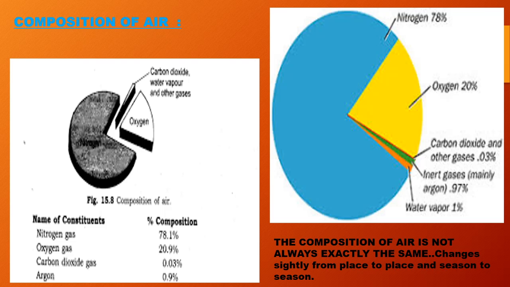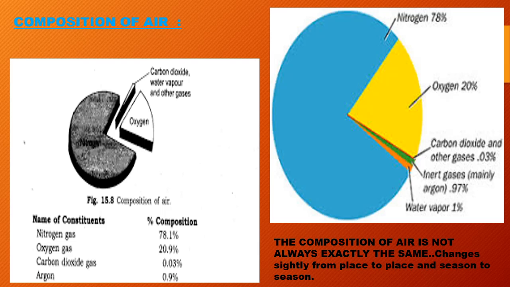Next, with the yellow color here, you can see oxygen, that is about 20%, or to be very precise 20.9%. Then comes the carbon dioxide, along with some other non-important gases, which constitute about 0.3%.